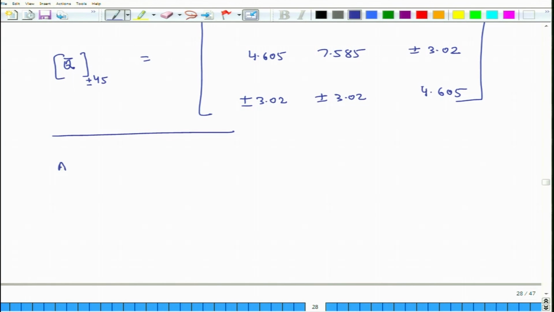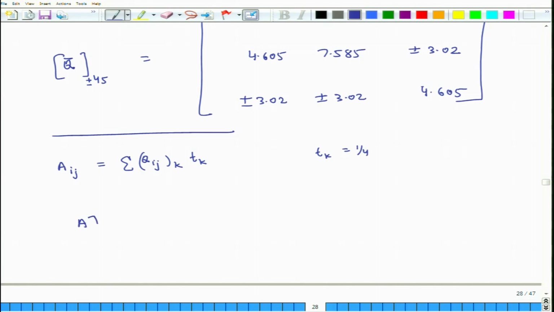So, Aij is Qij for the kth layer times the thickness of the kth layer Tk, and we sum it, right. And what is Tk? Tk is equal to 1 by 4th, because the overall thickness is 1. So, basically I add up all the 4 Q matrices and divide them by 4, I get the A matrix.